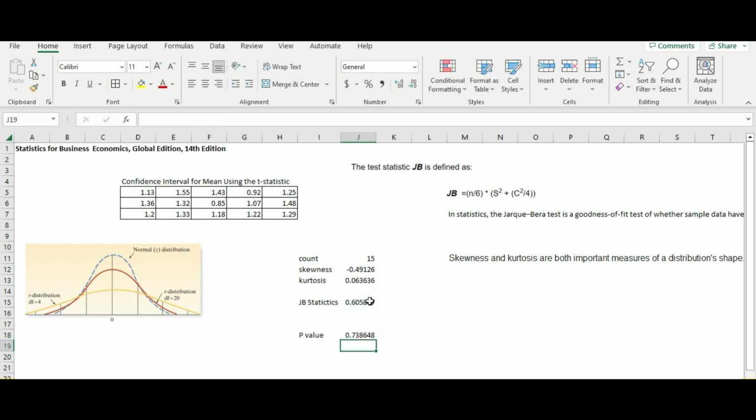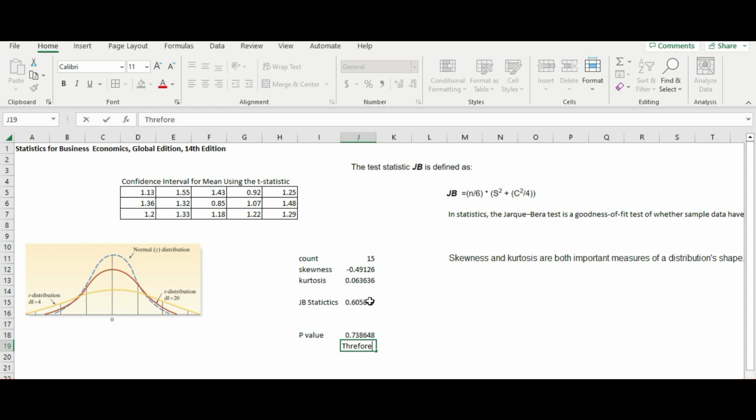Since it's 0.73 and it's more than 5, we can conclude here that the data is not normally distributed. So any answer or estimate that we derive here is not so valid because the distribution is not normal.